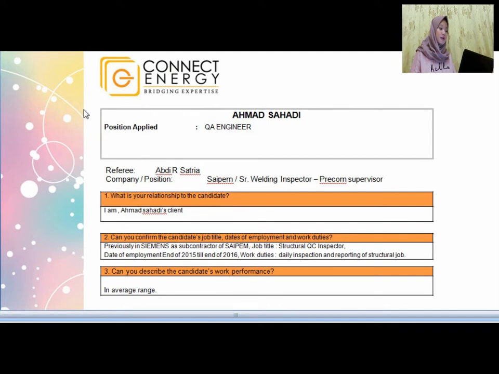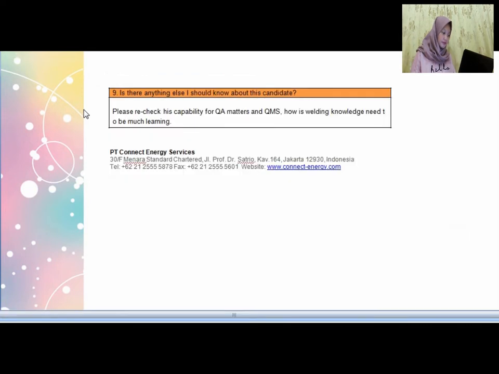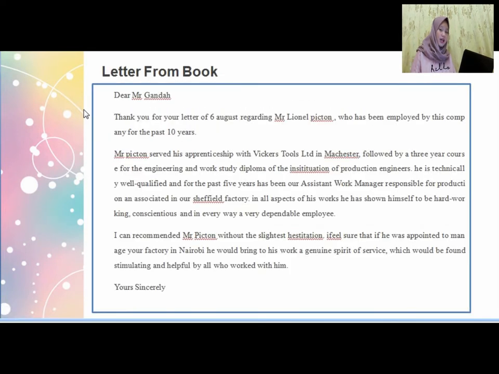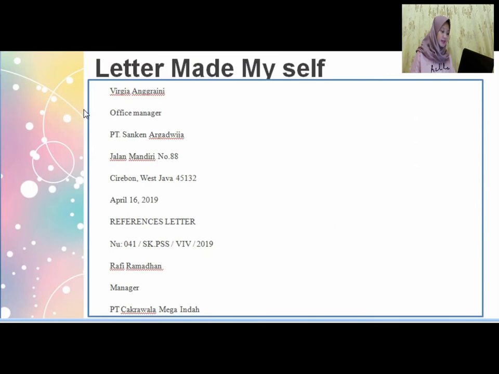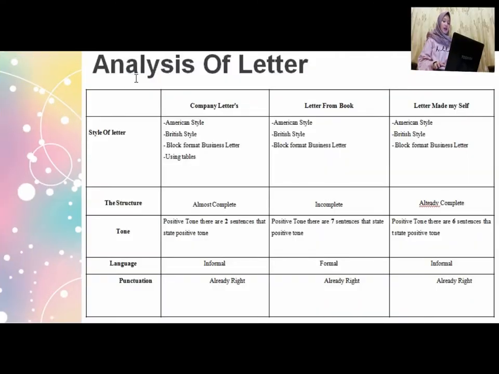And this is a favorable references letter. And next is letter from book. You can see. And next, letter made myself. Next, I will tell what parts of these three letters I have analyzed.